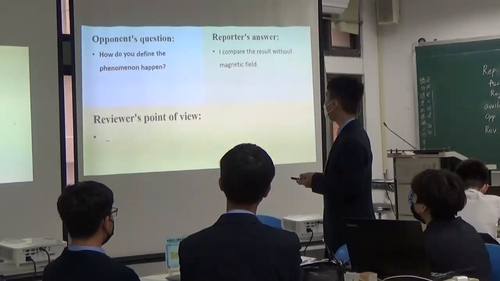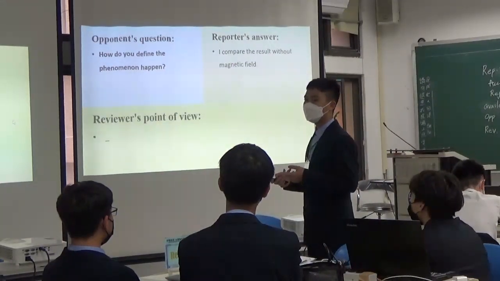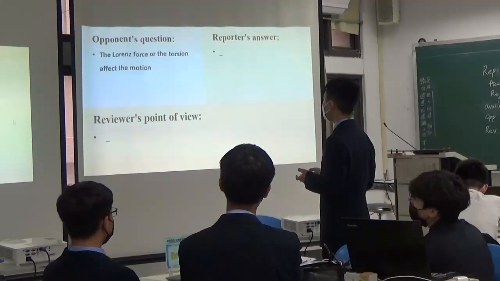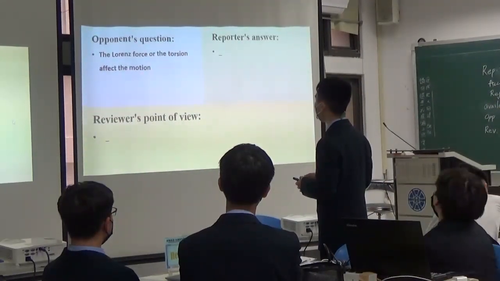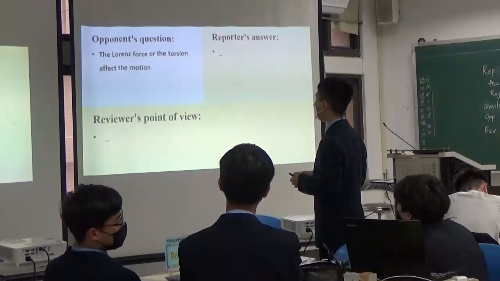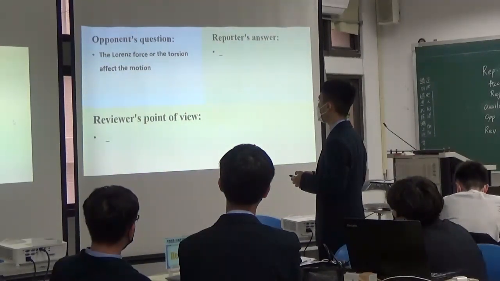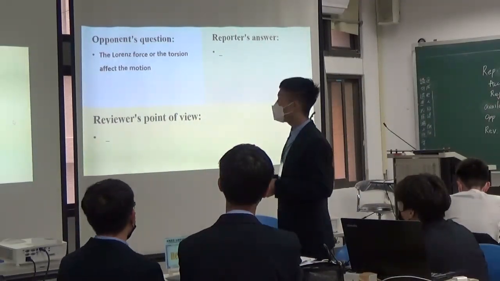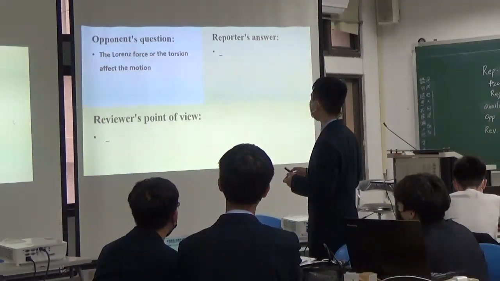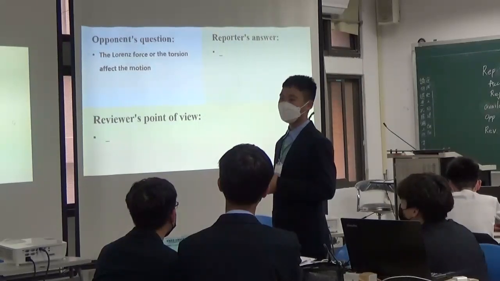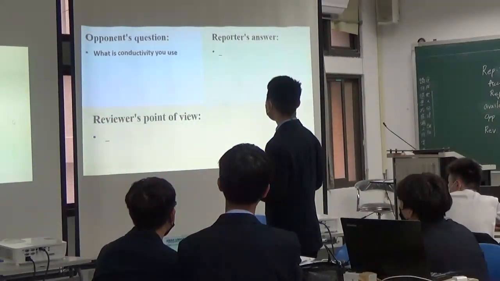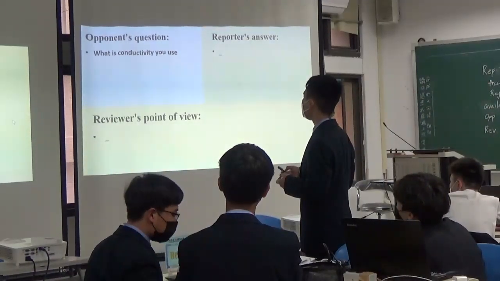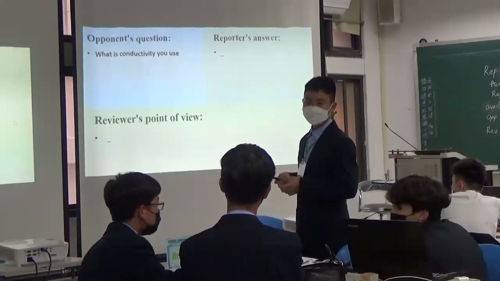We think the reporter stated it clearly, but maybe he can give a more quantitative comparison. The opponent also asked whether the Lorentz force or torsion affects the motion, and the reporter answered that they just can't record this one. Then the opponent asked what conductivity you use.